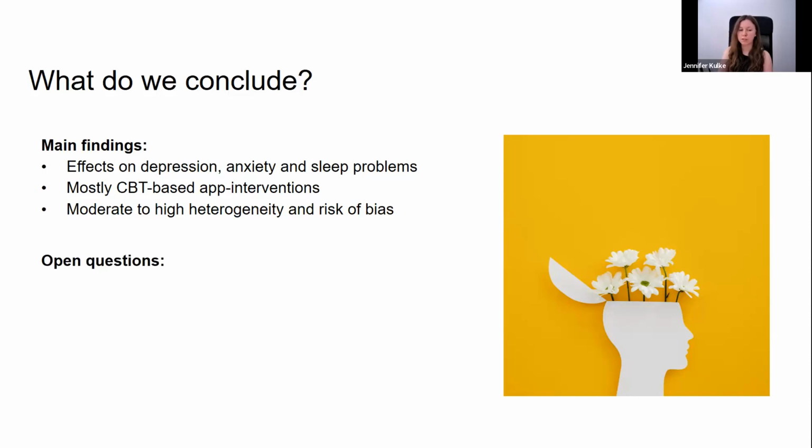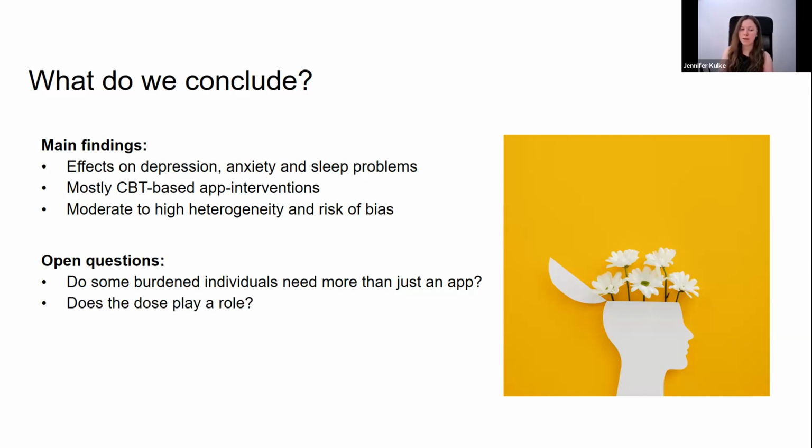For example, and I'm open for discussion after my talk, do some burdened individuals need more than just an app? So is PTSD maybe a disorder where people need more than just an app, and maybe adjunct treatments additionally? And does the dose play a role for this app?